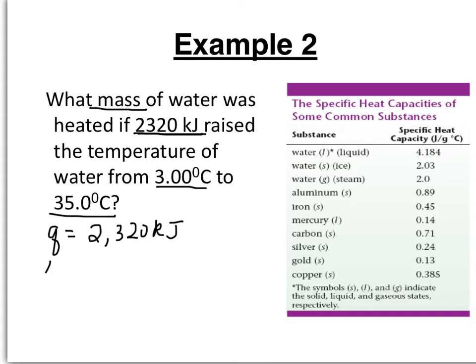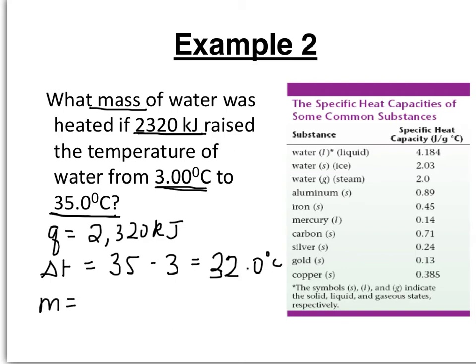We also know our delta T. The water was heated from 3 to 35, so T final, 35, minus T initial, 3, would give me 32.0 degrees Celsius. All right, we want our m, so that's what we're searching for, so we don't know that.